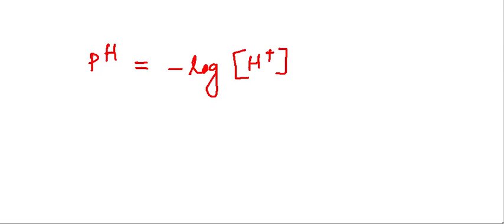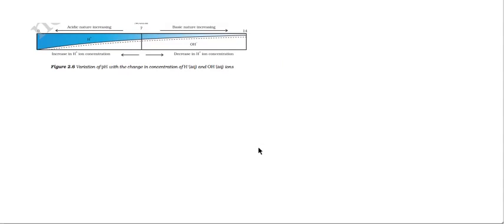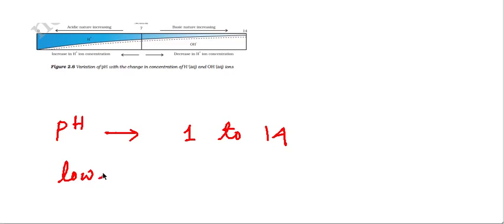Now, there is a pH scale like this. In this, the pH ranges from 1 to 14. Lower the pH, higher is the acidic strength.